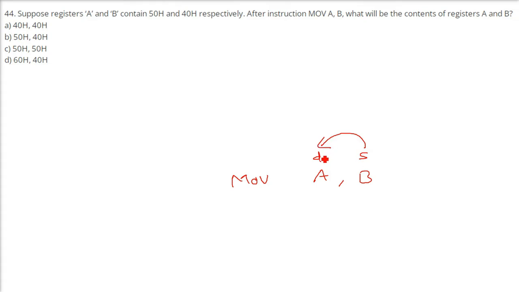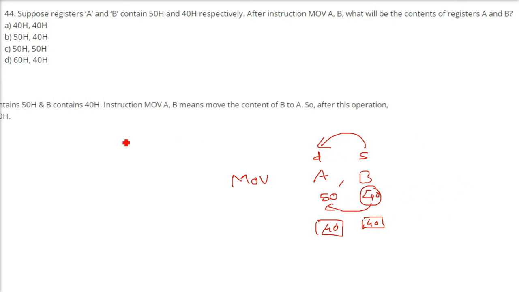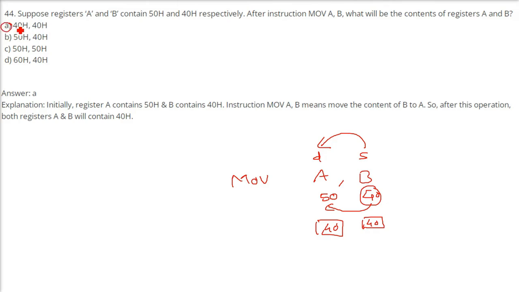A will have the content of B, but B won't change until you replace it. A had 50 and B had 40; when you move, A will have 40, and B will still have 40. So the answer will be 40, 40, which is A. A and B both will contain 40H.